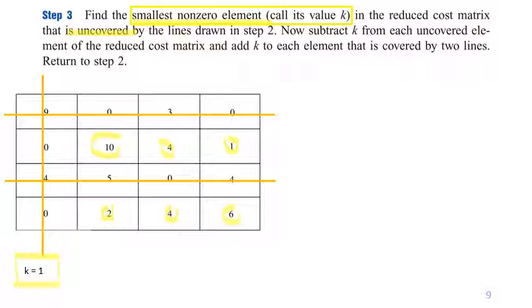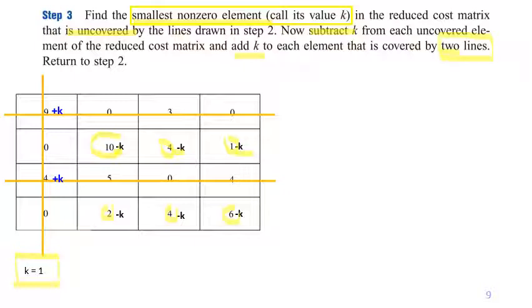So k equals 1. And then what we need to do is subtract k from each uncovered element. So 10 minus k, 4 minus k, 1 minus k, 2 minus k, 4 minus k, and 6 minus k. And then we add k to each element that is covered by 2 lines.